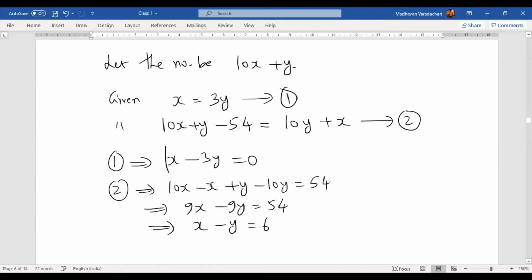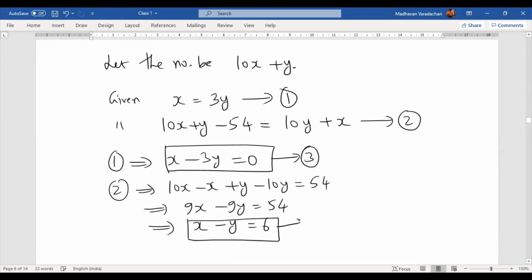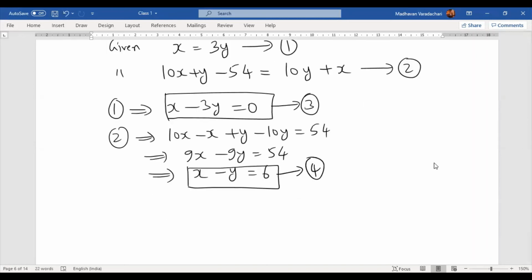So one equation is this, another equation is this. Let me call these 3 and 4 for our convenience. Now if I subtract the third and fourth equation, what do we get? x gets cancelled. Then minus 3y minus of minus y is equal to 0 minus 6.